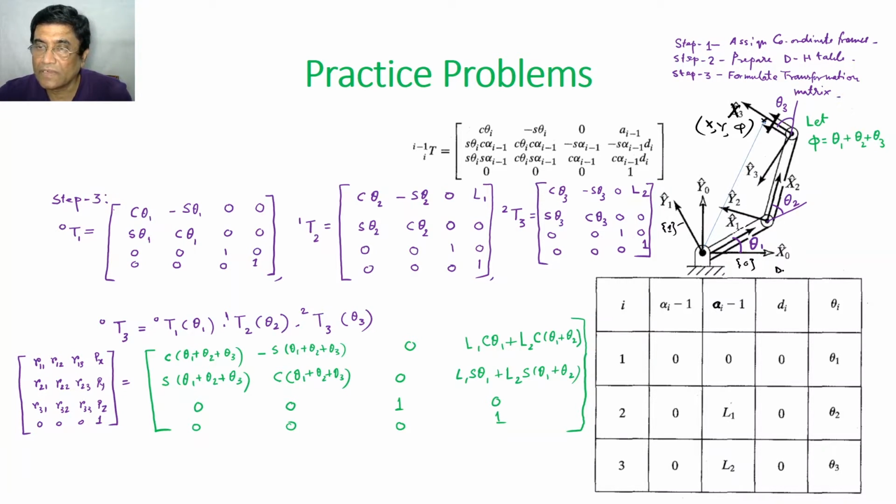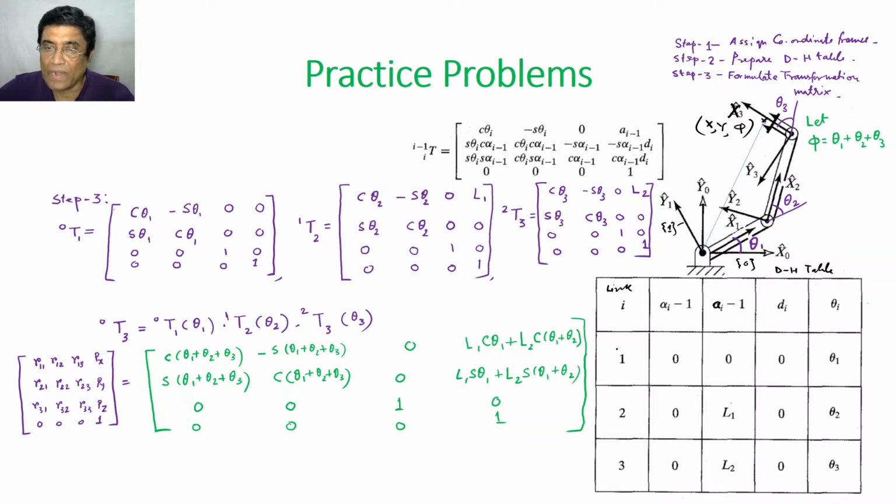This is called the Denavit-Hartenberg table. This is the link, ith link. This is alpha i minus 1, that is the twist angle. This is the common normal a i minus 1, d i, the distance between two successive common normals, and theta i is the motion parameter. Now, hold your breath and just fill up the table. This is very important. Once you assign coordinate frames, filling up the table is very trivial.